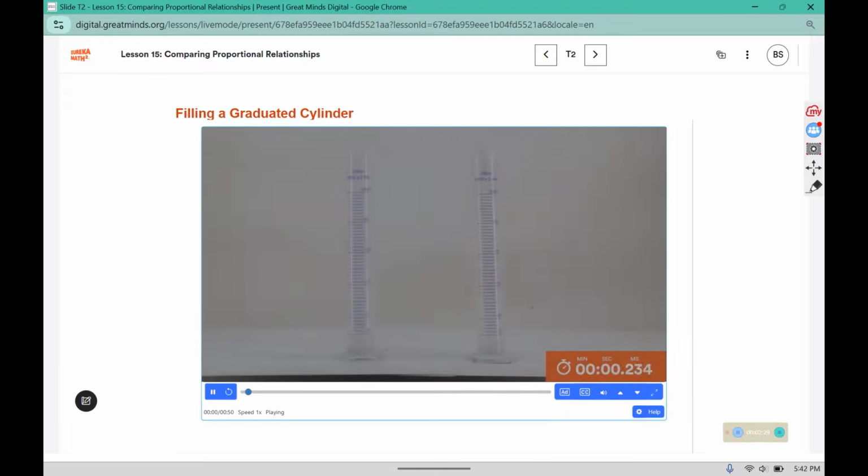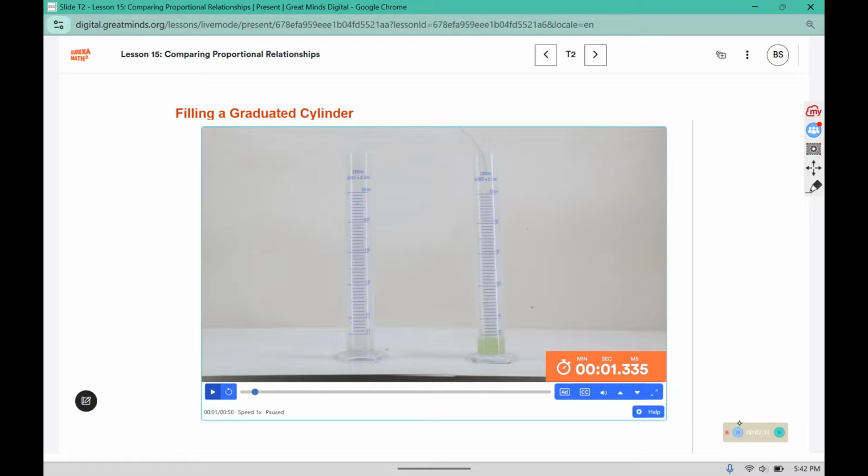Cylinder B reached 100 milliliters before cylinder A did, so cylinder B fills at a faster rate.